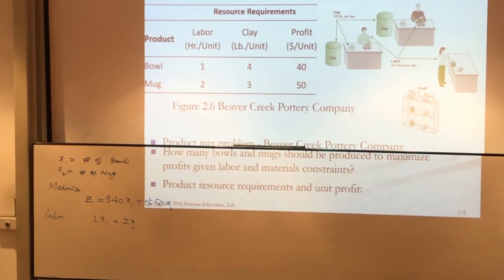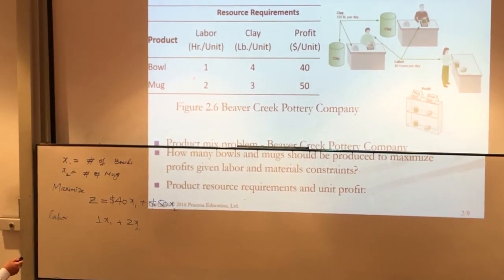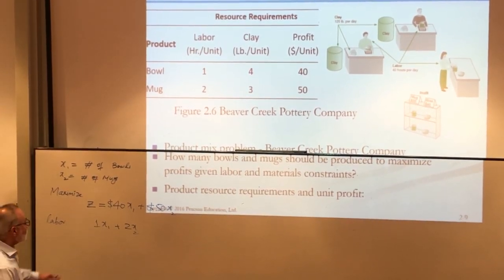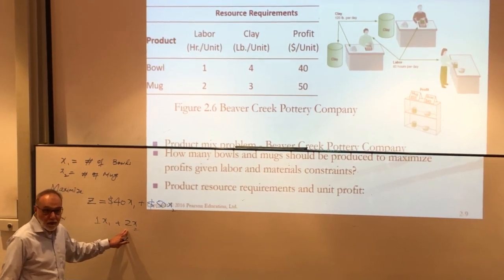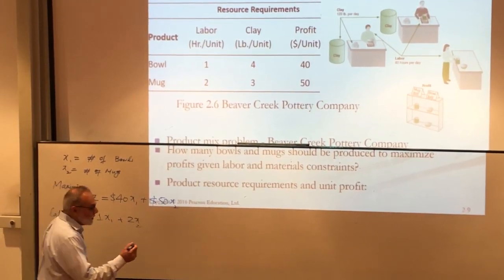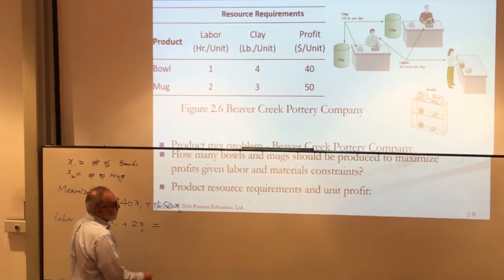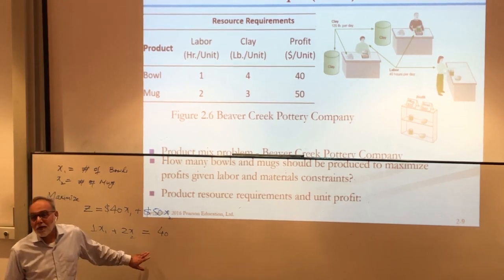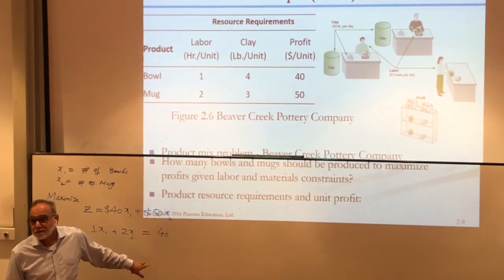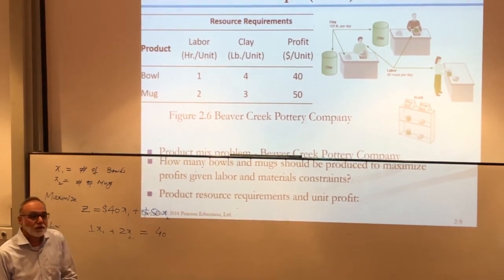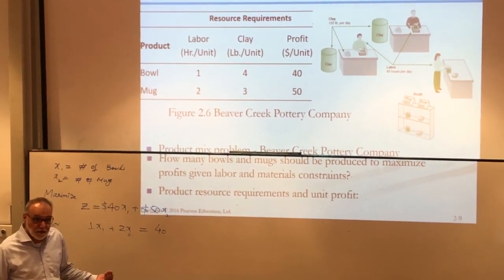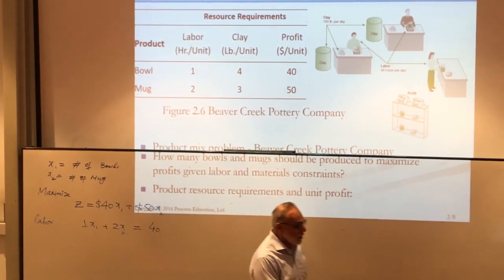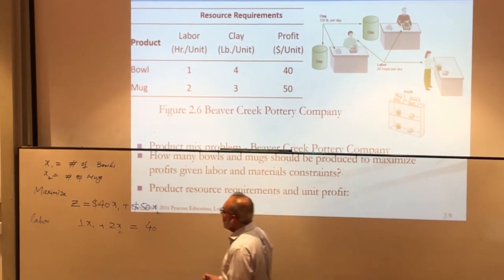These are hours used for making one unit. One way is to write 1x1 plus 2x2 equal to 40, because 40 hours are available. But we may not be able to use all 40. It's possible that we may use only 36, 38, etc. The maximum is 40. So we write the constraint as less than or equal to.